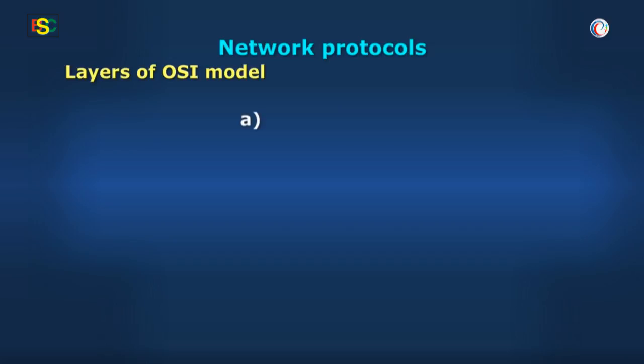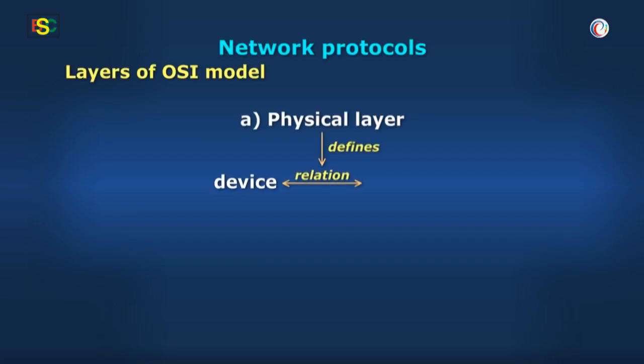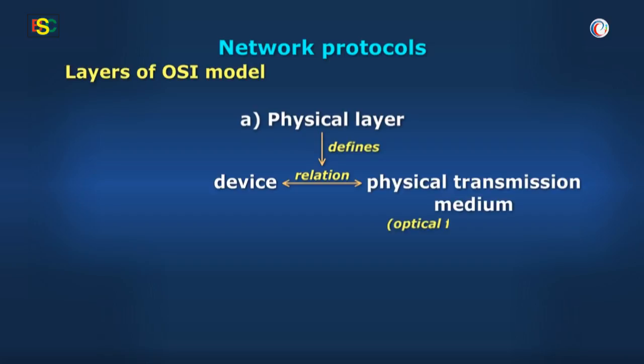A. The first layer is the physical layer. The relationship of the device with the physical transmission medium, like optical fibers or cables, is defined by the physical layer.